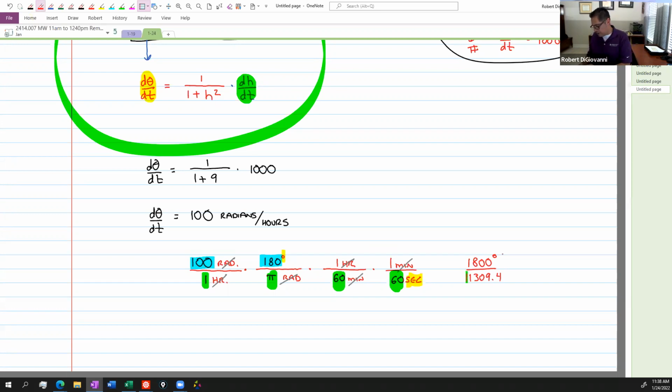Take 1800 and divide it by that, and you get approximately 0.16 degrees per second. That was just an exercise to remind you how we do conversions, called dimensional analysis, where you change from one unit to another. Plus, degrees per second is a little bit easier for us to wrap our heads around.